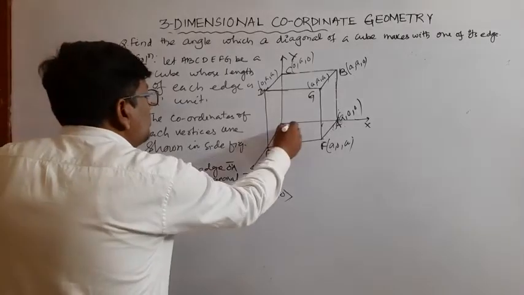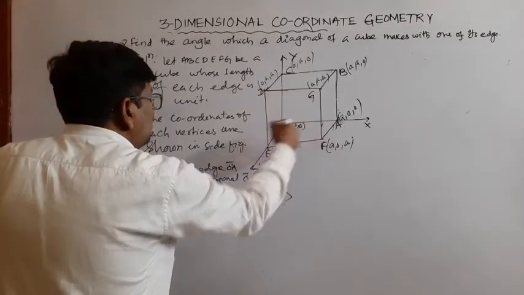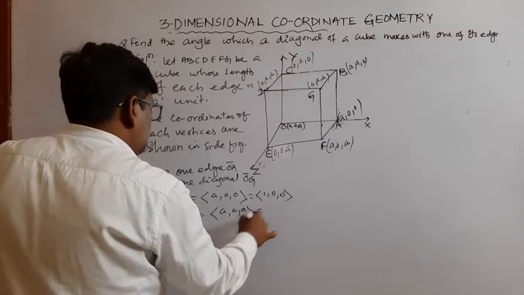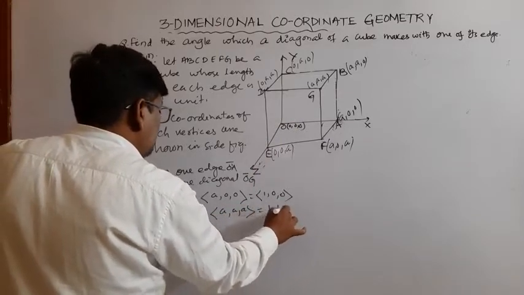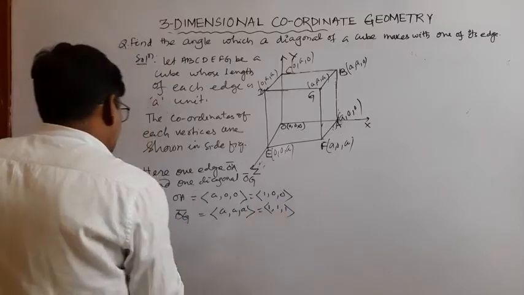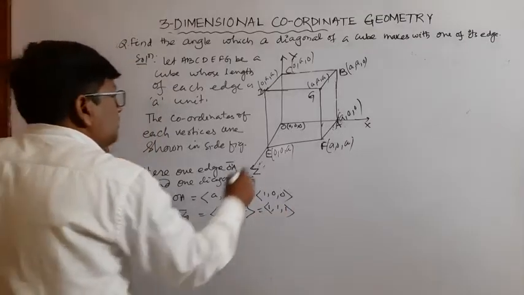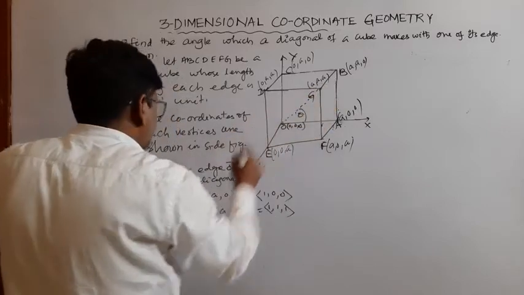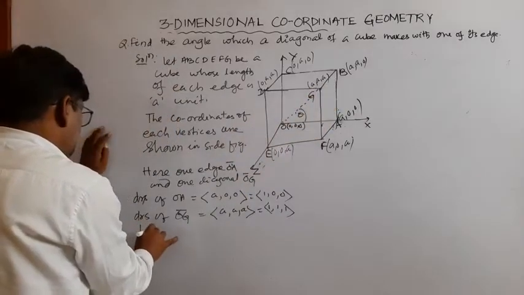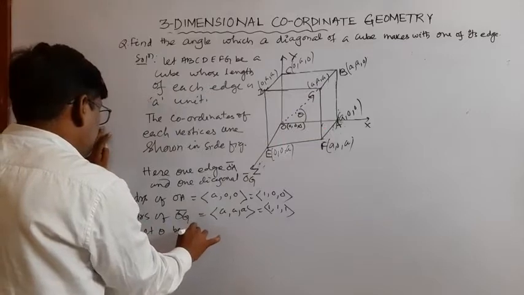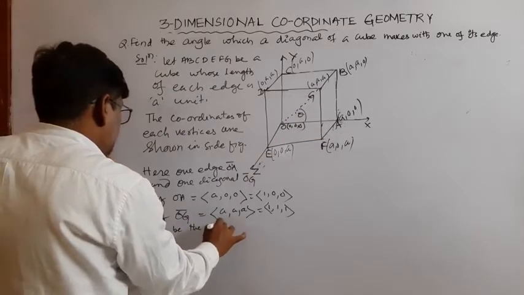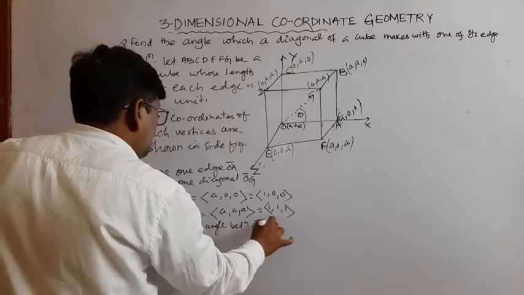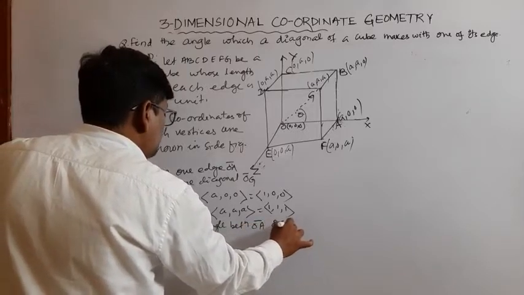The DRs of OG, this is origin (0, 0, 0), so (A, A, A), and this is equal to (1, 1, 1). Let theta be the angle between OA and OG.